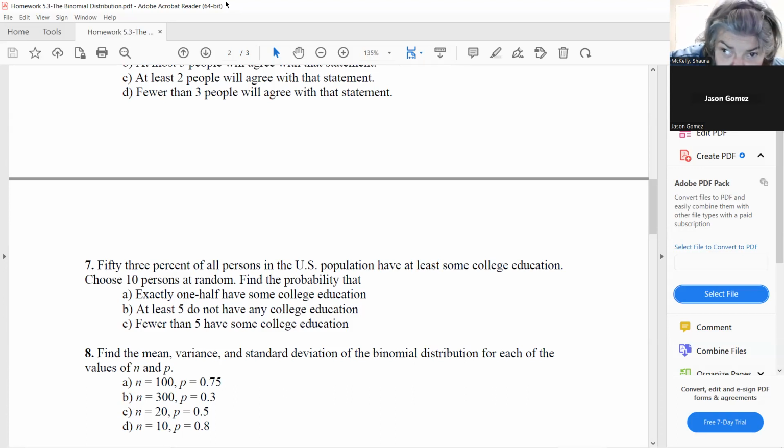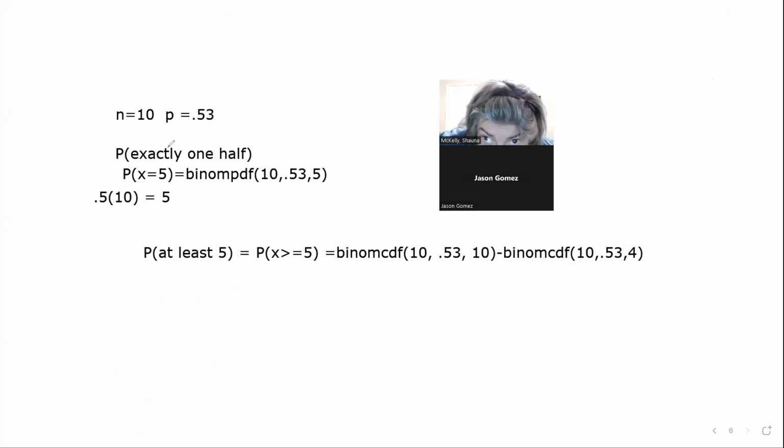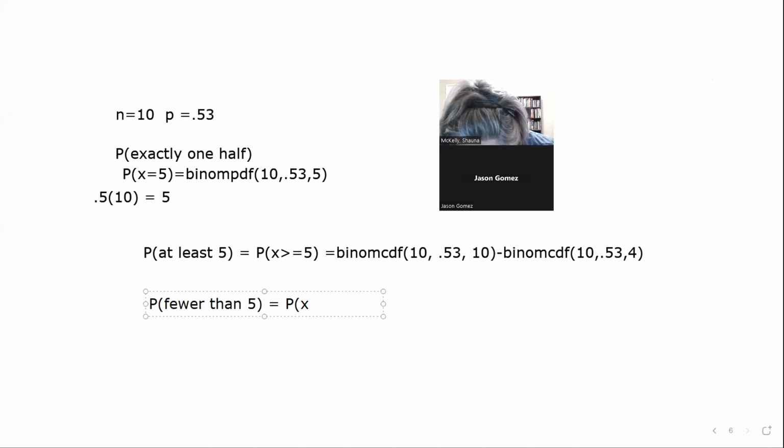So fewer than 5 is going to be probability X less than 5.